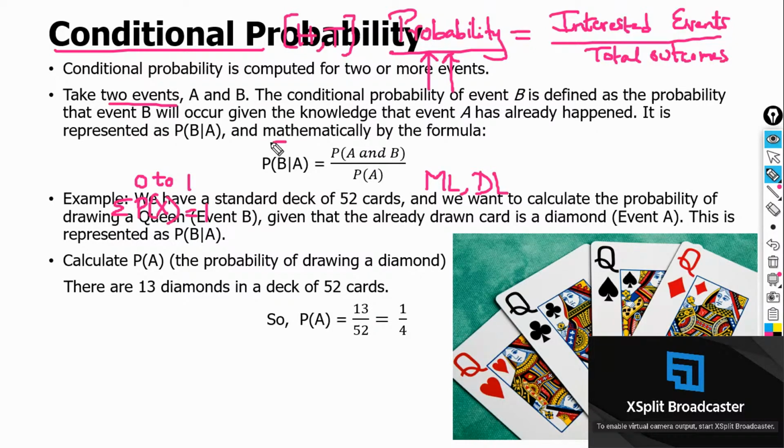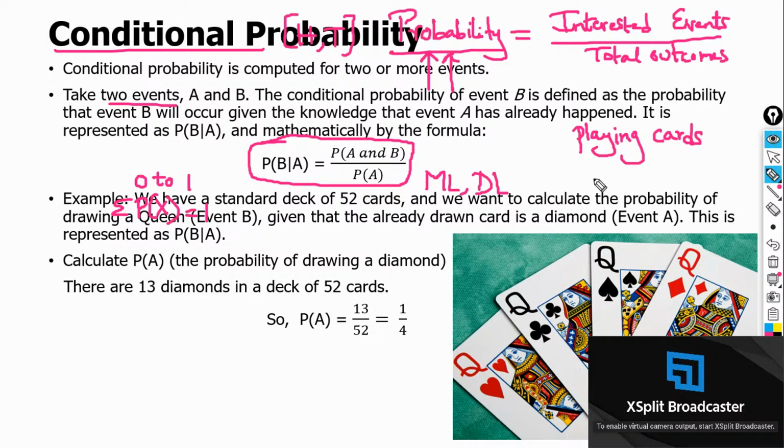And this is the formula for conditional probability. I hope you remember the example. We have understood the example with respect to playing cards. There are 52 cards, with different shapes: heart, club, spade, diamond.